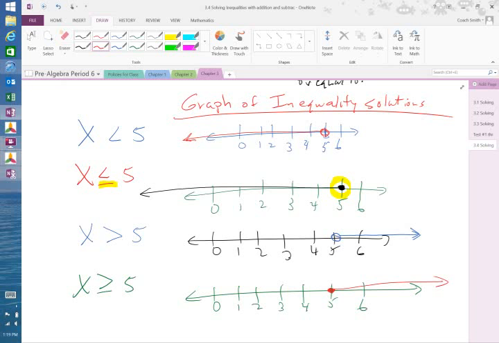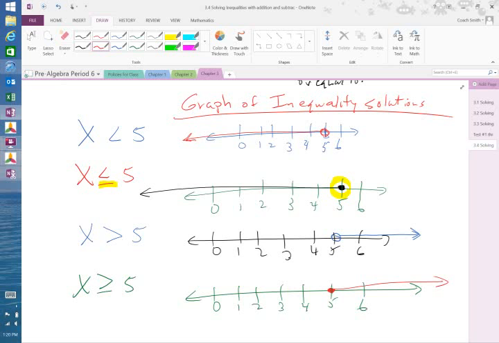Because the solving of the problem doesn't change. The solving part for addition and subtraction is exactly the same as it was for equations. That part of it doesn't change. The only thing that changes is where most of the time I would let you put the answer's 5 and circle it, or the answer is 10 and circle it.